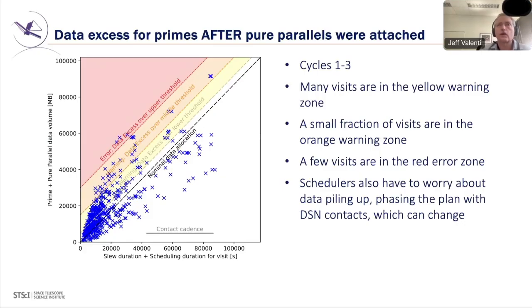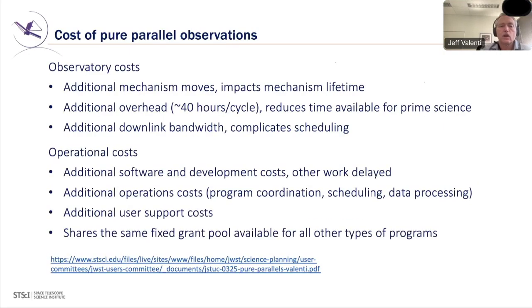So it should still be possible to accomplish the pure parallel science goals without stressing the downlink capability.